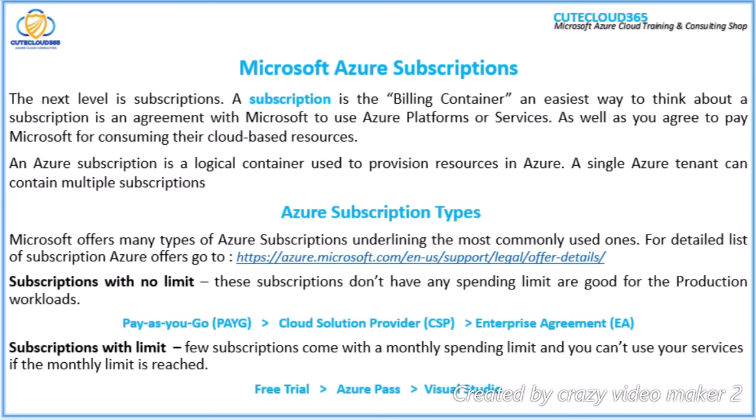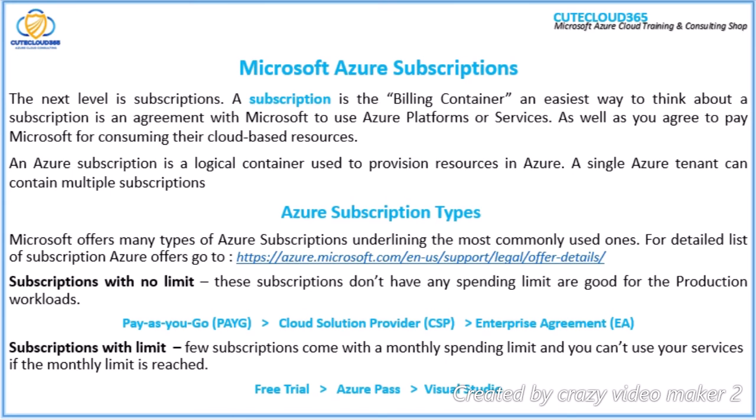What are these subscriptions? The first one is pay as you go, the second is cloud solution provider, and the third is enterprise agreement. Large enterprises which have a global footprint and big infrastructure generally use the enterprise agreement.